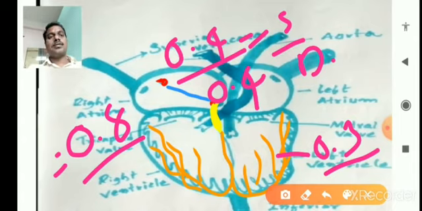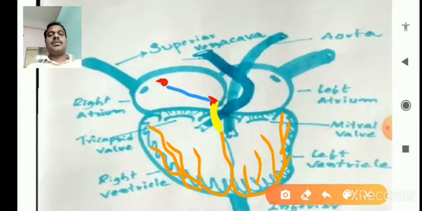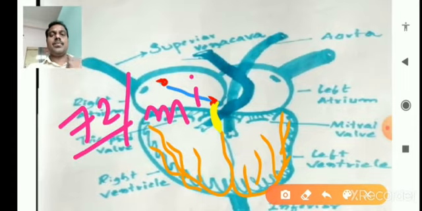In 1 minute, our heart beats 72 times per minute. So 0.8 seconds for one heart function. 0.8 into 60, right?